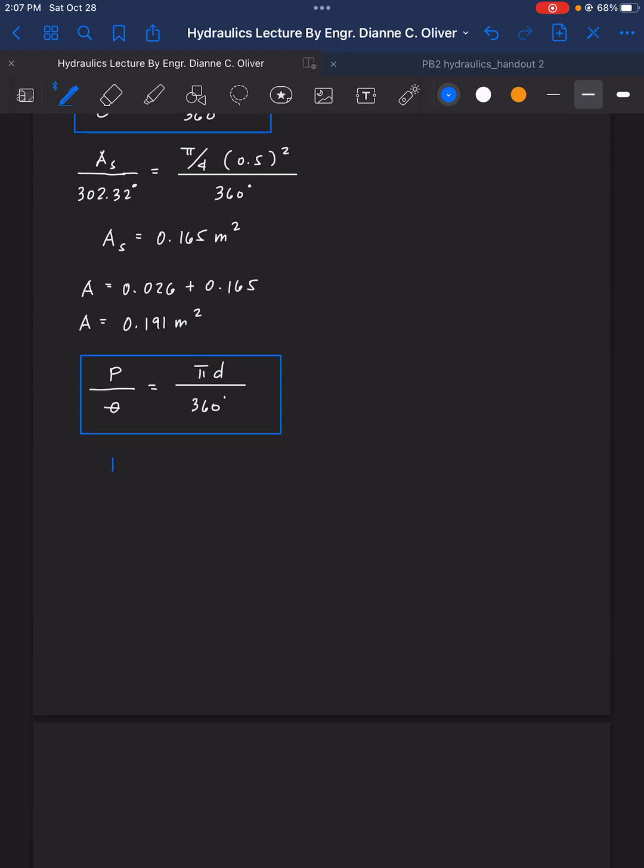So the perimeter of the sector divided by the theta of 302.32 degrees equals pi times the diameter of 0.5 divided by 360 degrees.